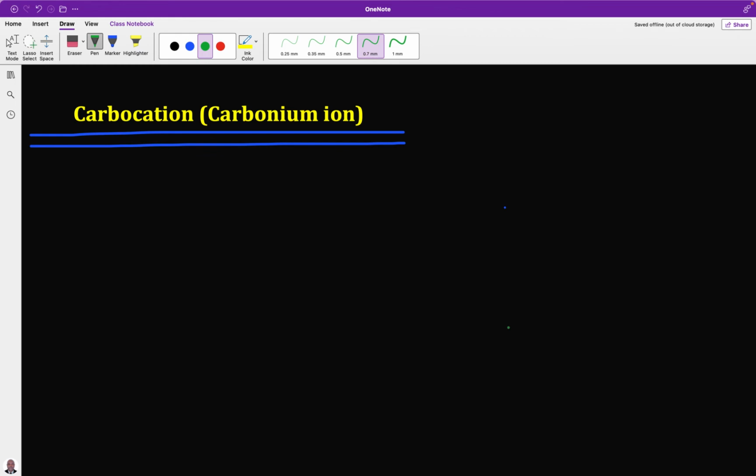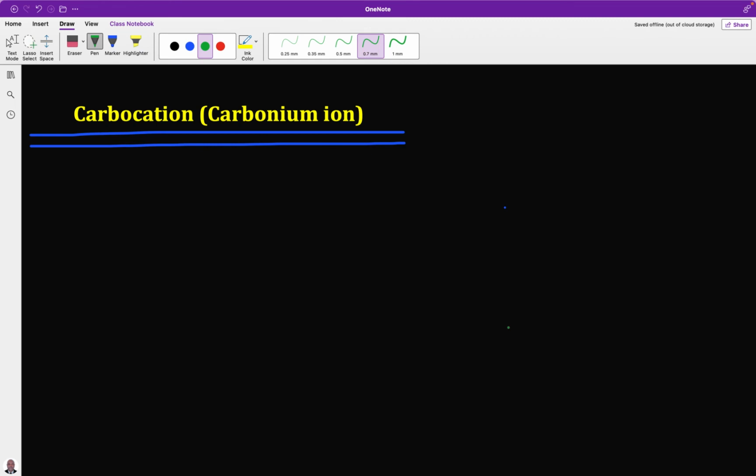Cation has to do with what? A positively charged atom, or a positively charged ion. In other words, we can call it a carbonium ion. The words are used interchangeably.